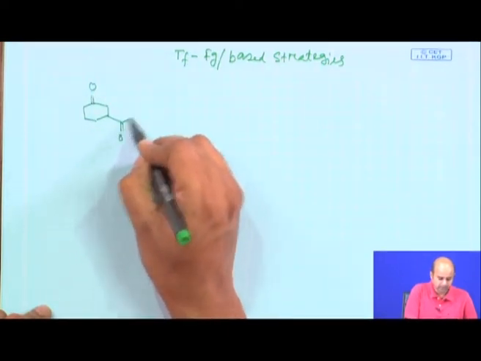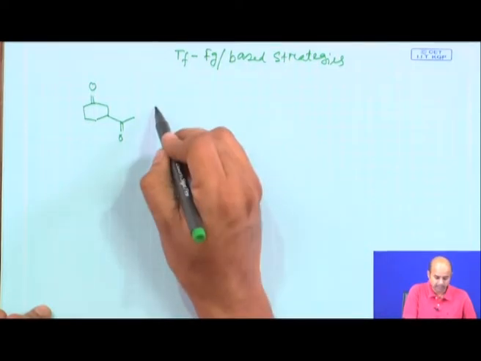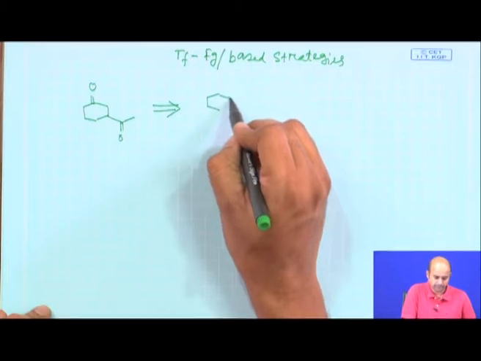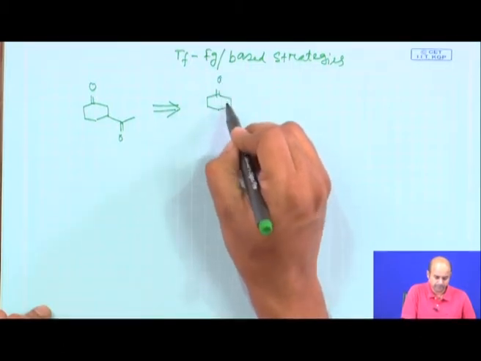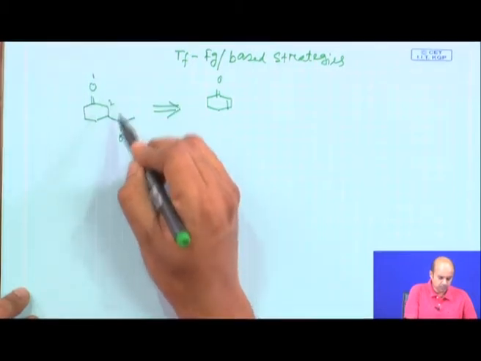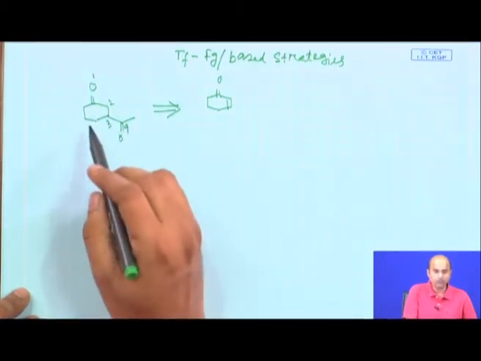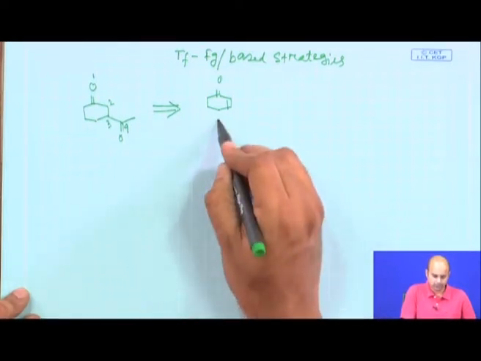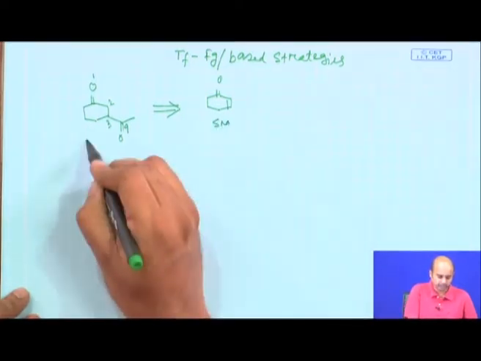We have a target something like this, and we will provide you the starting material. I say you prepare a 1,4-dicarbonyl compound by using cyclohexenone as a starting material.